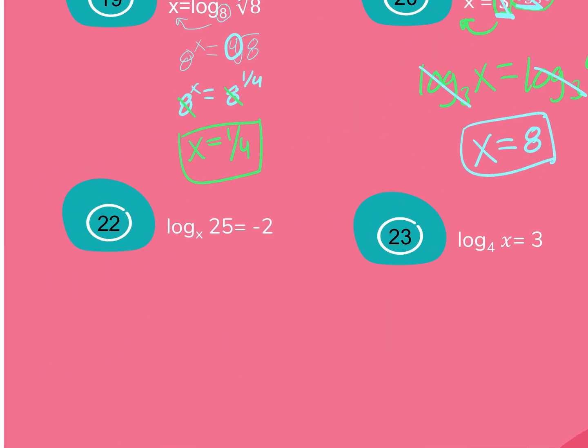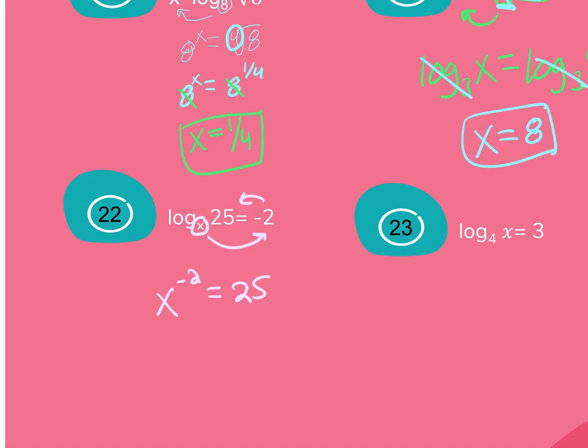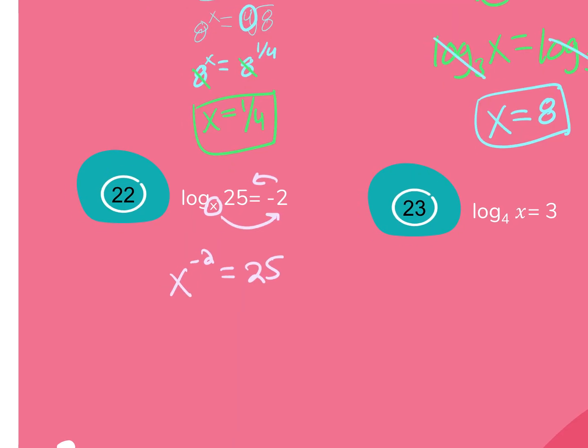All right, this one's a little bit different just because now we're looking for the base. We're not looking for whatever it's equal to. But let's just change this, right? So I know that this is going to be x to the negative 2 equals 25. All right. Again, slightly different, but what I would do is I would just try to make the 25 have an exponent of negative 2, right? Because I want the bases to be the same this time.